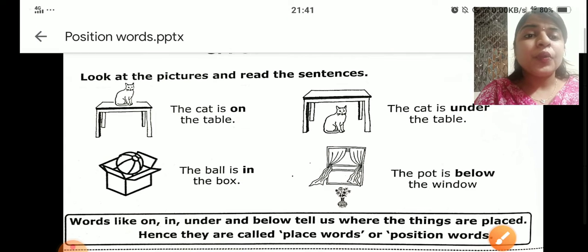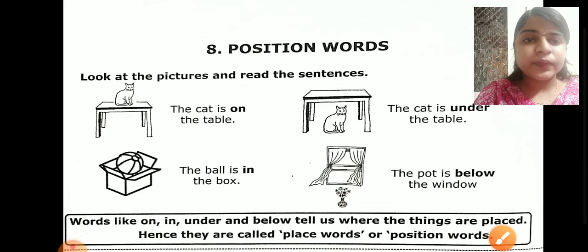Now I am going to read the definition for you. What is position word? Okay? Now words like on, in, under and below tell us where the things are placed. Hence, they are called place word or position words.